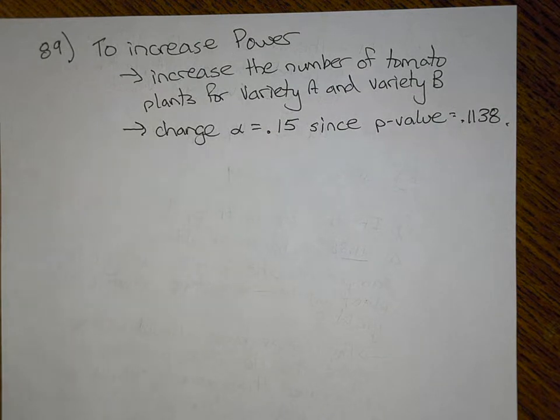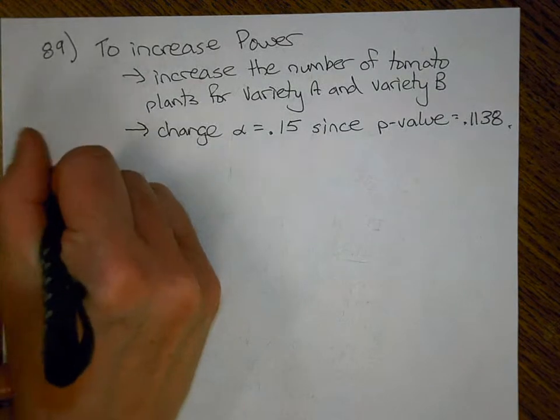What's the next question? 95, but I already did that one. 95. The reason we use T procedures instead of Z procedures when carrying out a test about a population mean is we don't have the population standard deviation. Is that what you wrote?